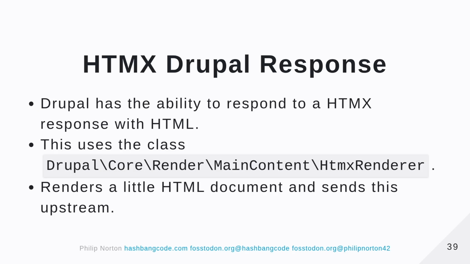So for the response, you can respond to HTMX using this HTMX renderer. Again, you probably won't have to interface with this service directly, but it renders a little HTMX document, or HTML document rather, and sends it upstream, and takes care of some of the CSS and JavaScript interpretation as well.